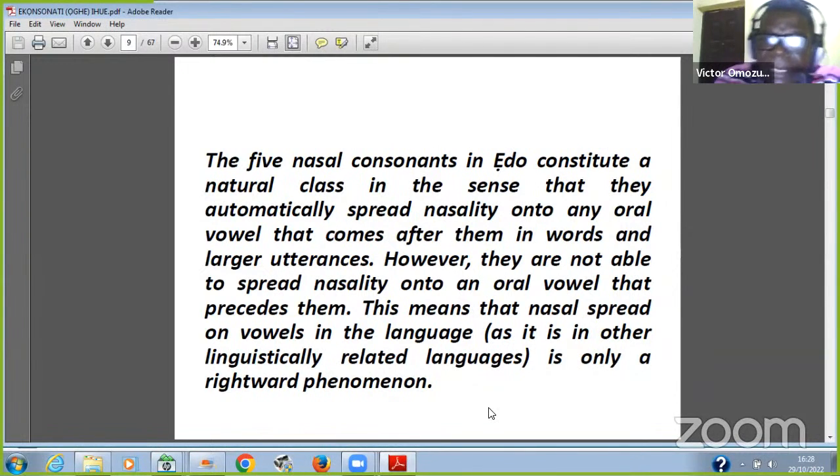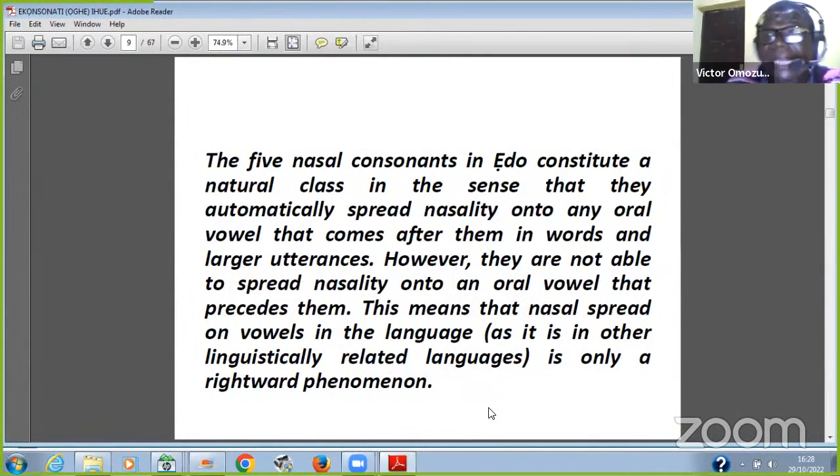However, they are not able to spread nasality onto an oral vowel that precedes them. This means that nasal spread on vowels in the language, as it is in other linguistically related languages, is only a rightward phenomenon.